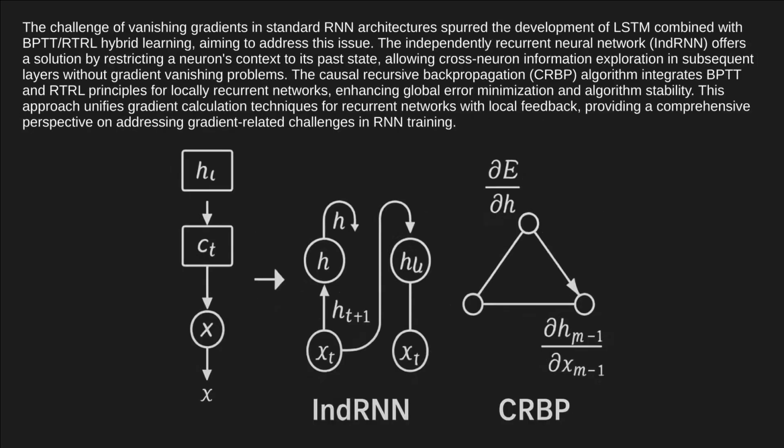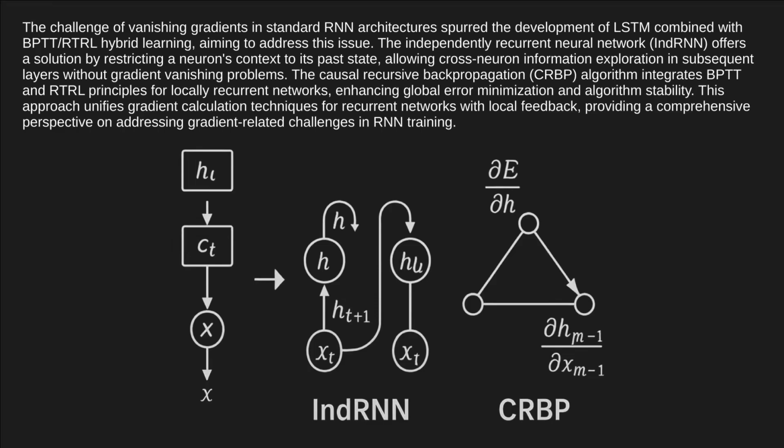The challenge of vanishing gradients in standard RNN architectures spurred the development of LSTM combined with BPTT-RTRL hybrid learning, aiming to address this issue. The independently recurrent neural network, INDRNN, offers a solution by restricting a neuron's context to its past state, allowing cross-neuron information exploration in subsequent layers without gradient vanishing problems.